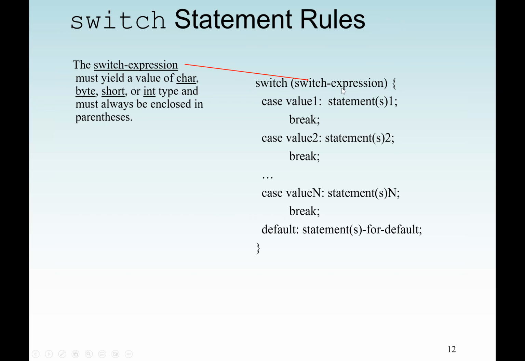So this is the switch expression. It must always be an integer. So for example, if I'm doing the grading, I would rather use the multi-if-else, which means I'm going to say if the score is between 90 to 100 it is A, between 80 to 89 is B. When you are using a case, it's better to have a single value.